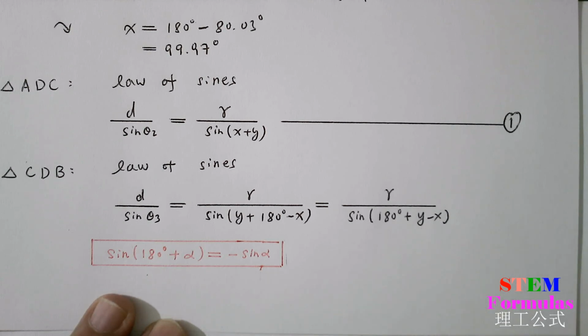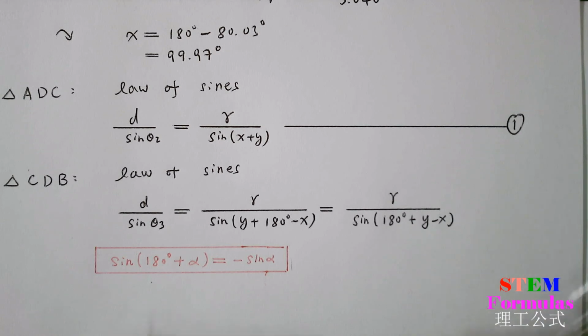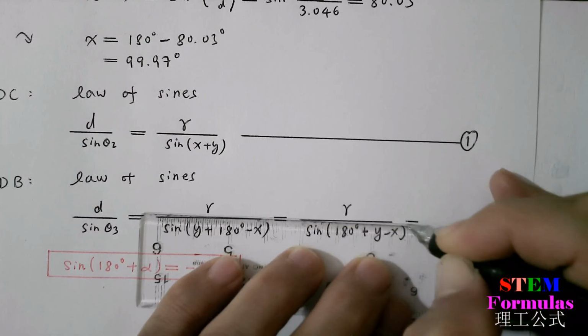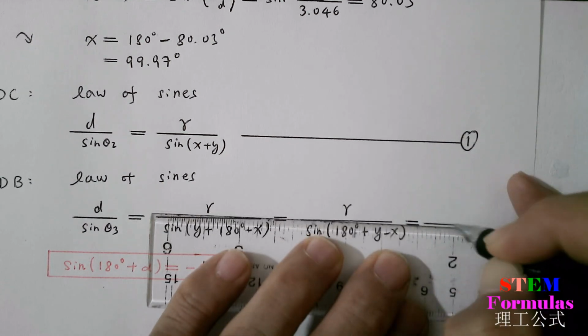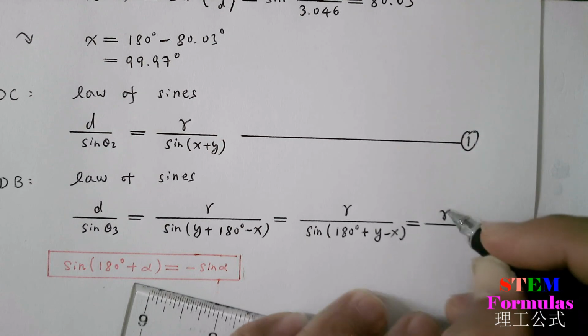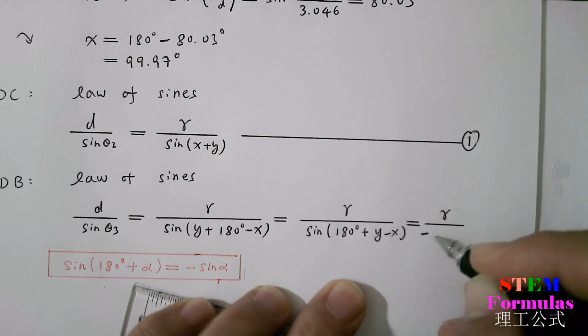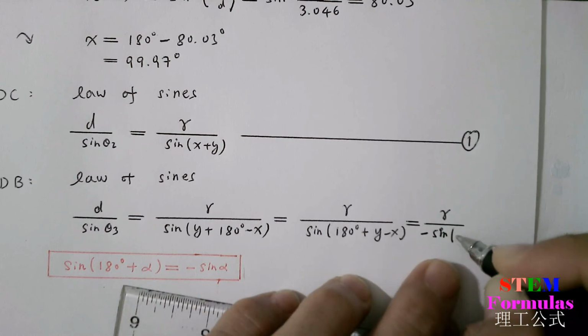So therefore, this one equals R divided by minus sine y minus x.